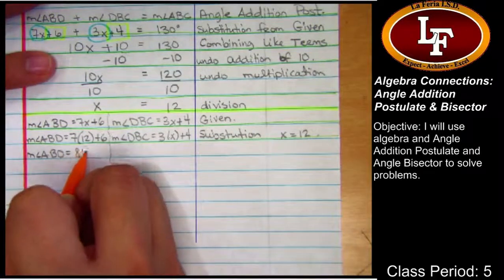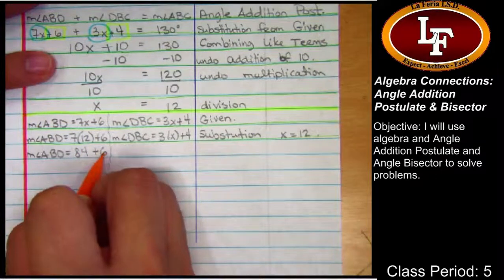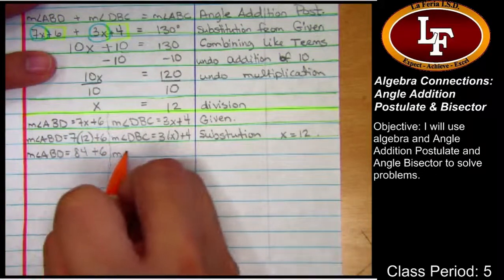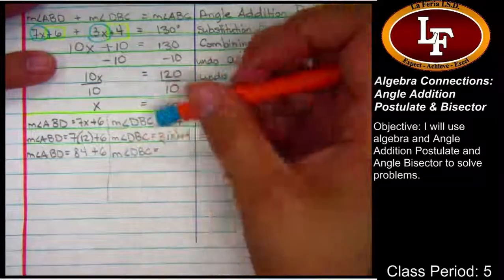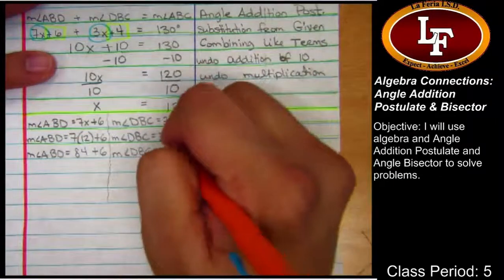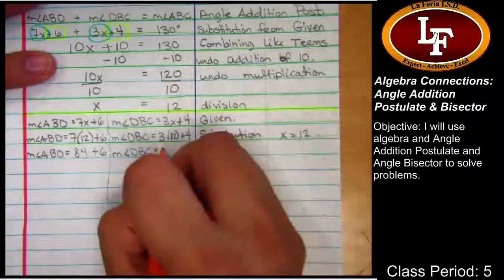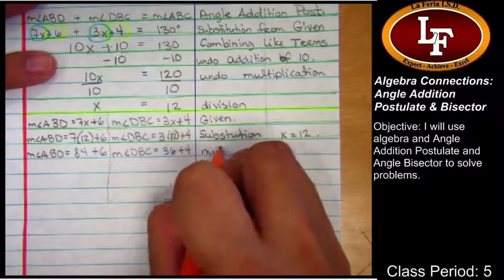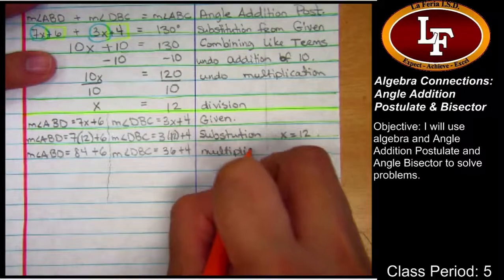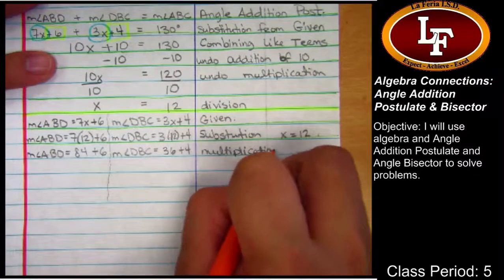That's 84, I think. Oops. This is 36. I use multiplication here. I only made one change.